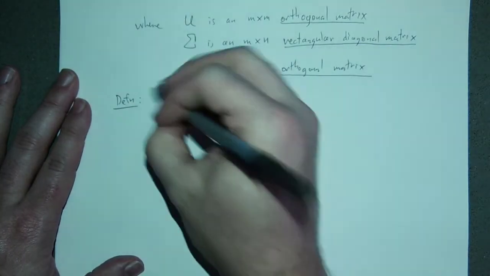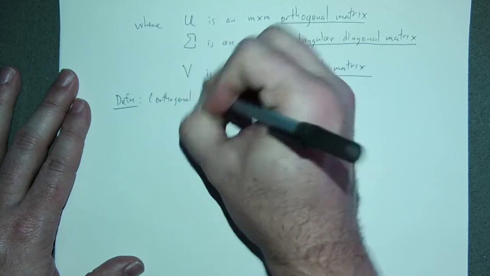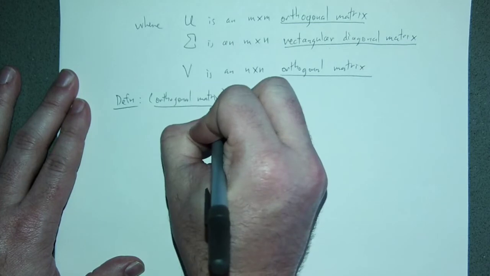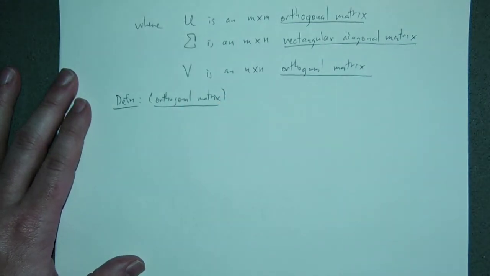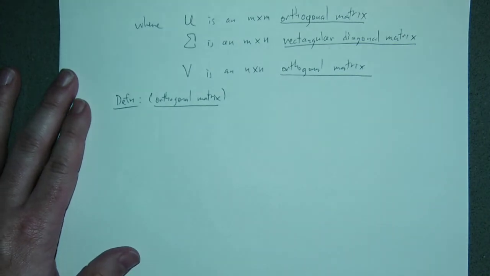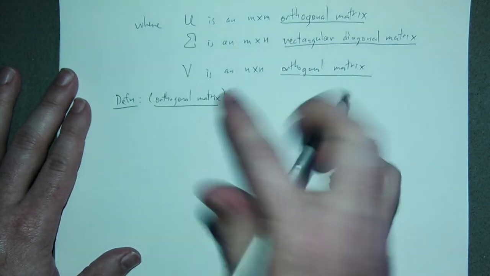So first let's define an orthogonal matrix. An orthogonal matrix is a matrix whose columns form an orthonormal basis for R^m in this case, or R^n in the case of V. So also note U and V don't even need to be the same size. In fact, in general, they won't be. So what is this thing?